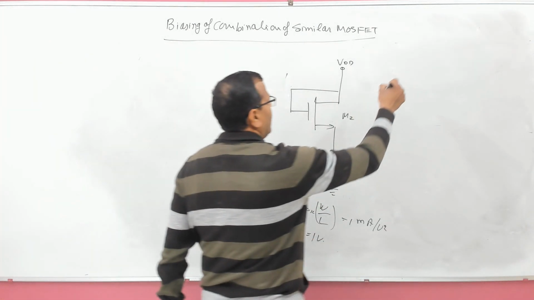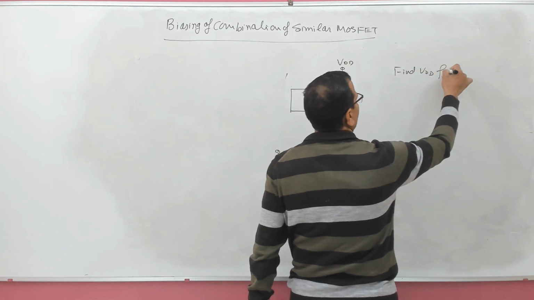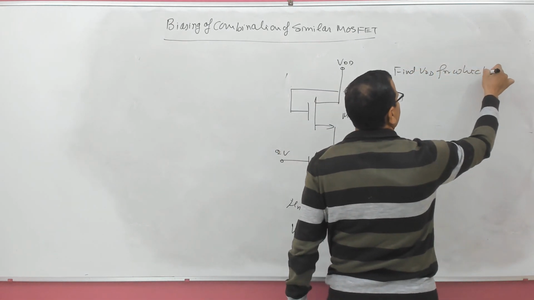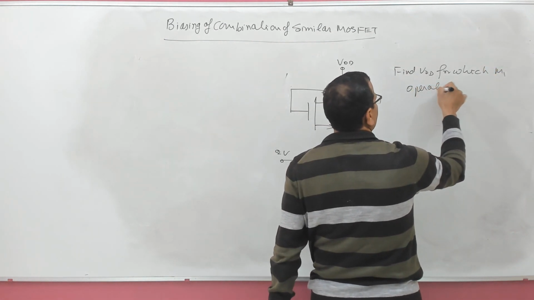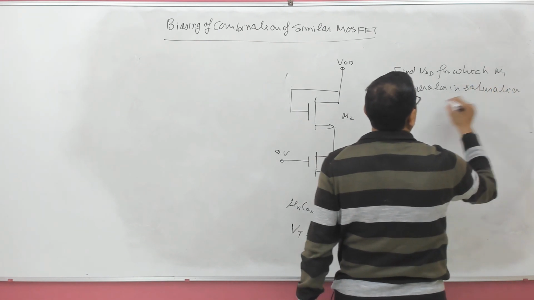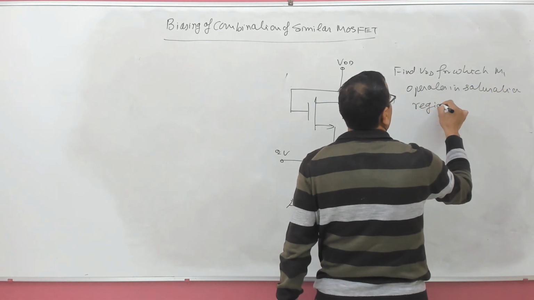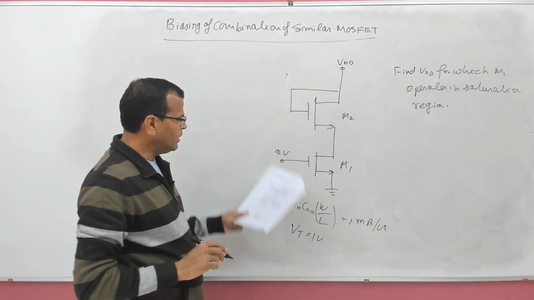So you have to find VDD for which your M1 operates in saturation region. You have to find the voltage VDD. This is given to you.